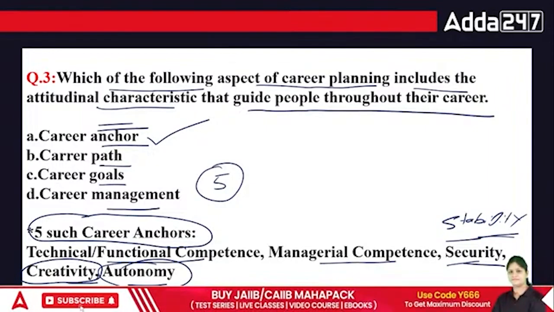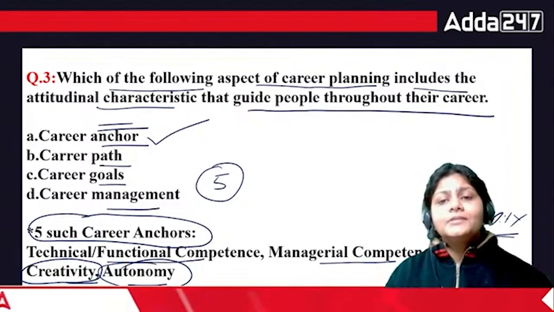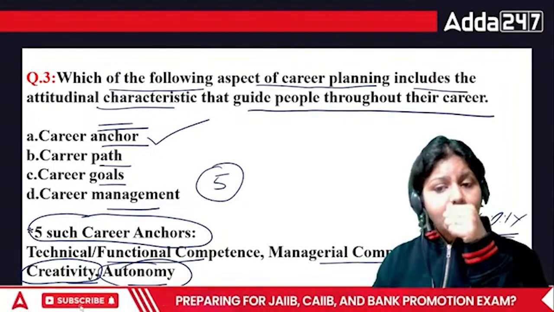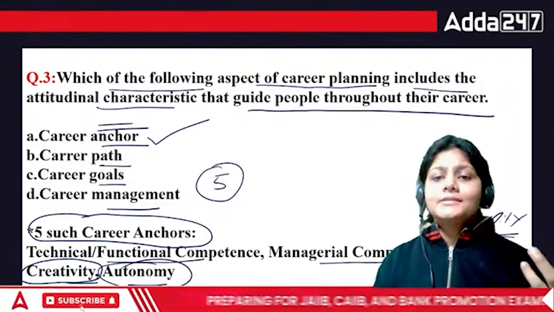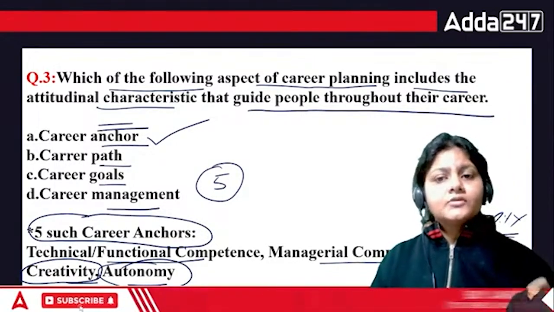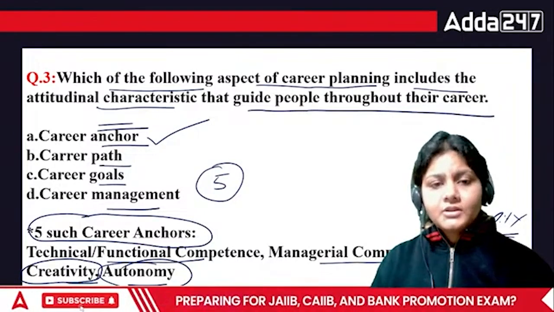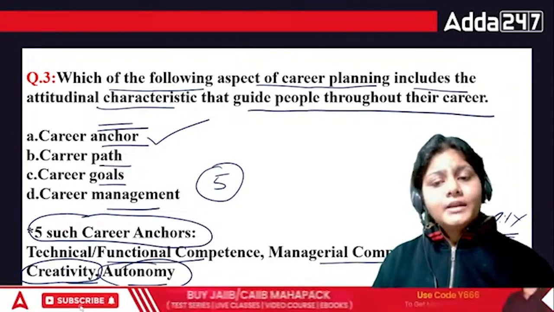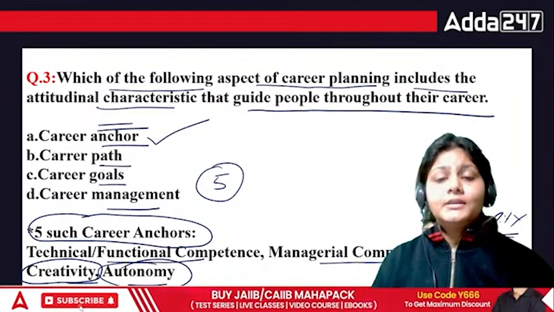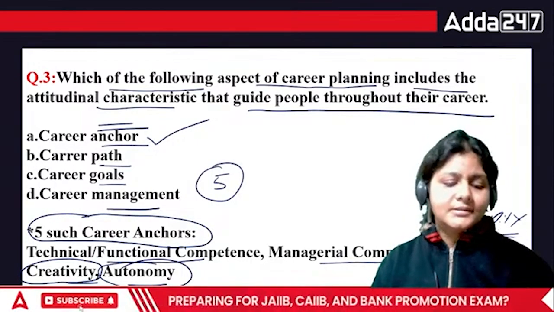You don't have to join an organization, you can work as a freelancer or start your own startup. So that is autonomy. Technical functional competence, managerial, security, creativity and autonomy: these are the 5 career anchors given by Edgar Schein.